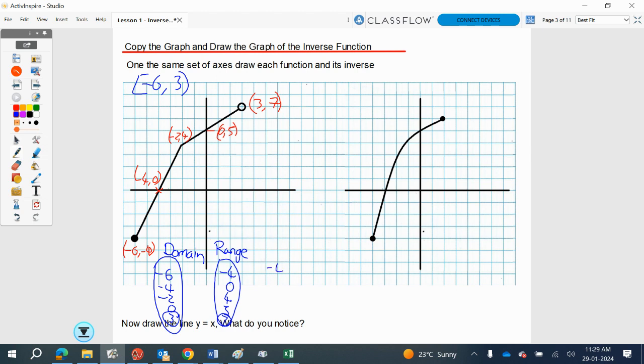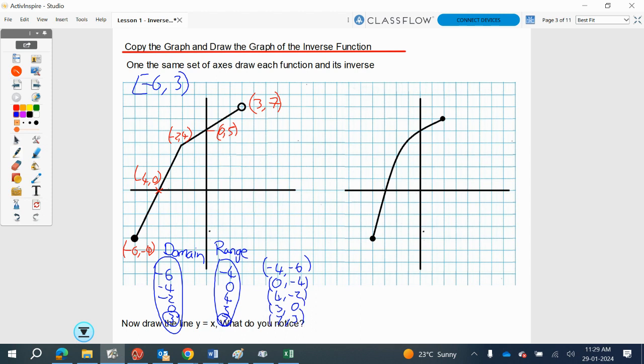We want to plot minus 4, minus 6, 0, minus 4, 4, minus 2, 3, 0, and 7, 3. Let's plot these coordinates so that we can sketch the inverse.